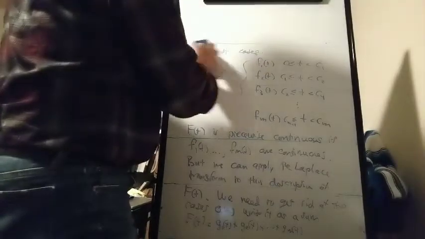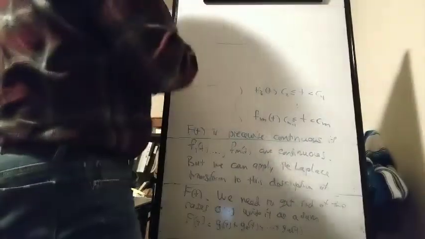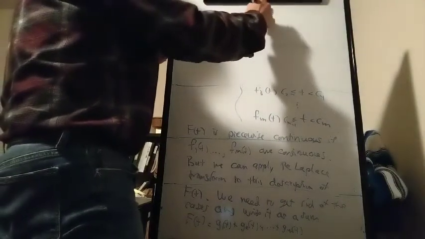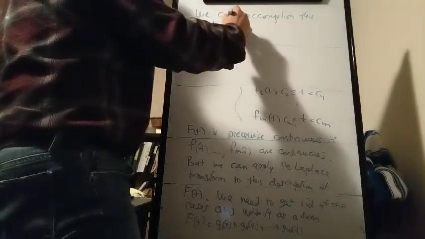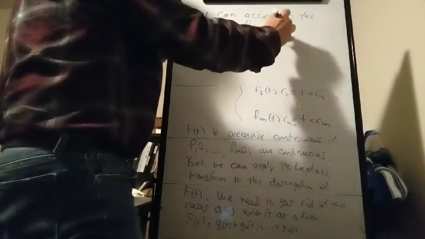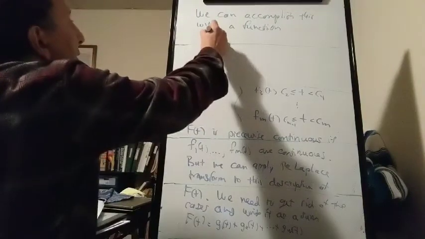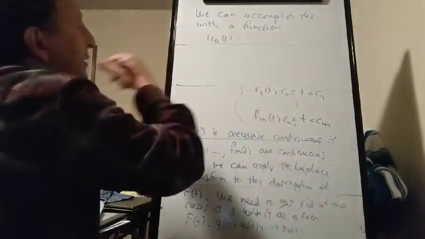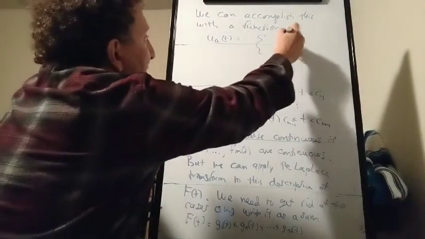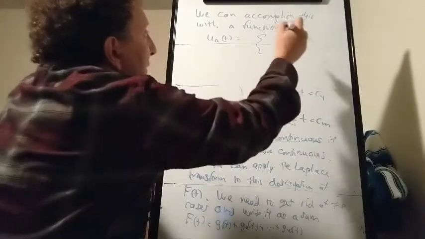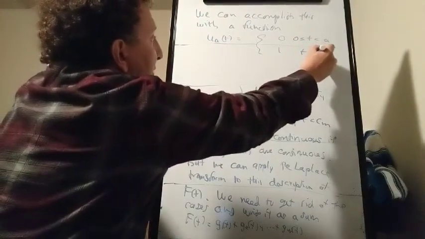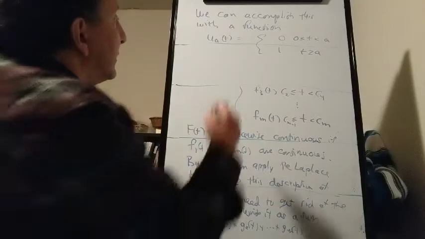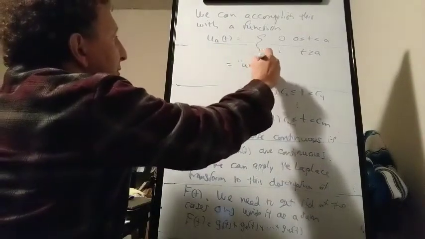Now there's an easy way to do this. We can accomplish this with a function u_a of t defined to be 0 when t is between 0 and a, and then 1 for t greater than or equal to a. This is called the unit step function.